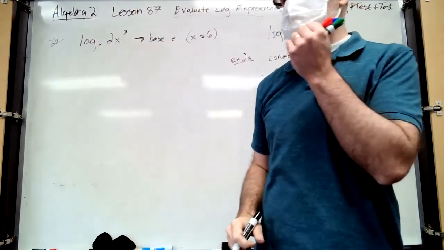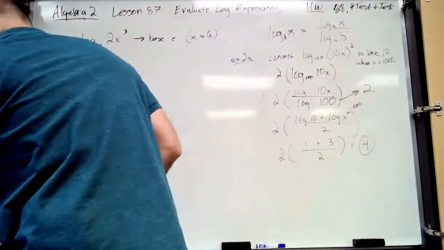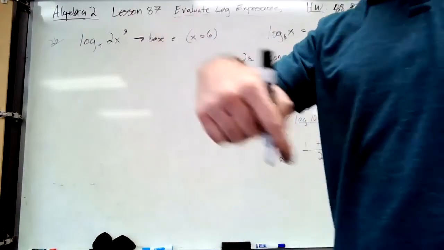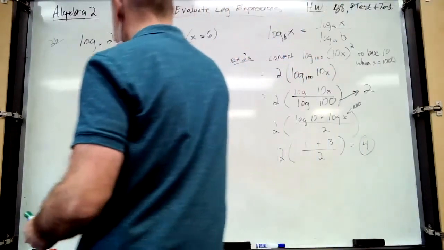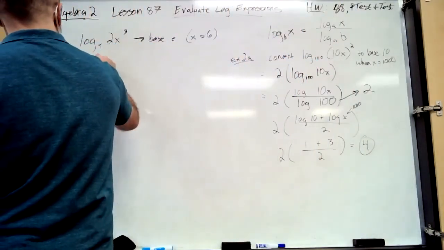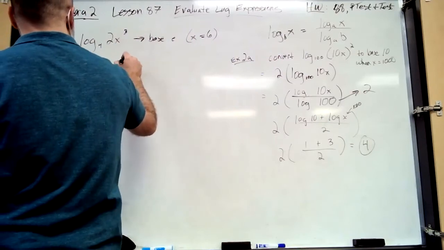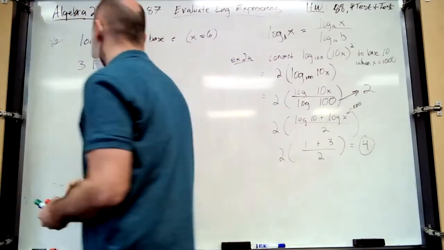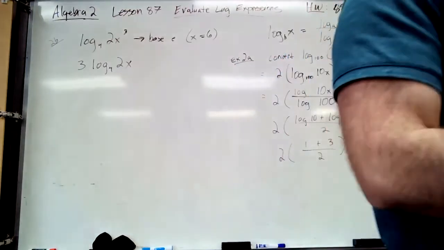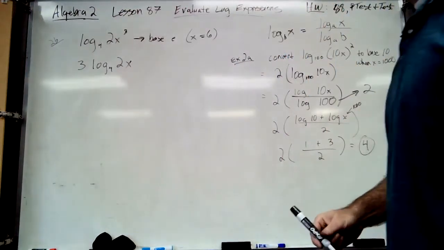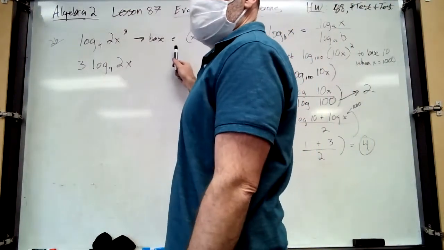So what do we do first? Let's pull that exponent out front. You guys okay with that? 3 times log base 4 of 2x. So far, so good? All right, now we're going to convert log base 4 to log base e.